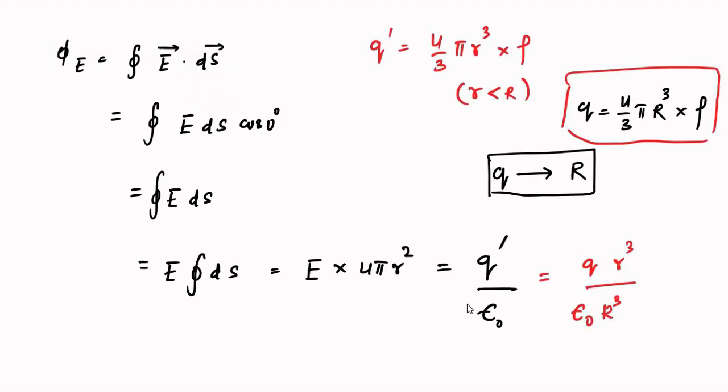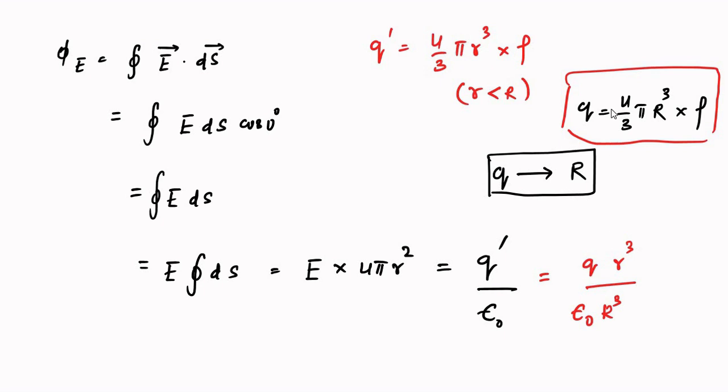So here we have E into 4π r² is equal to Q r³ by ε₀ R³.